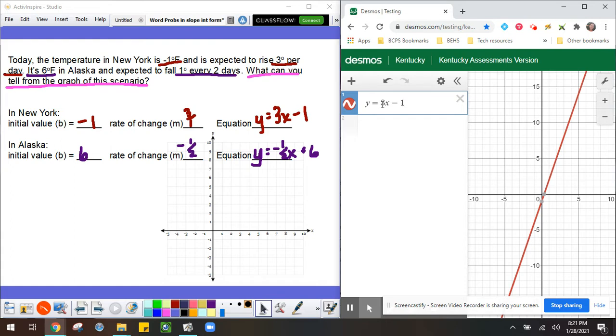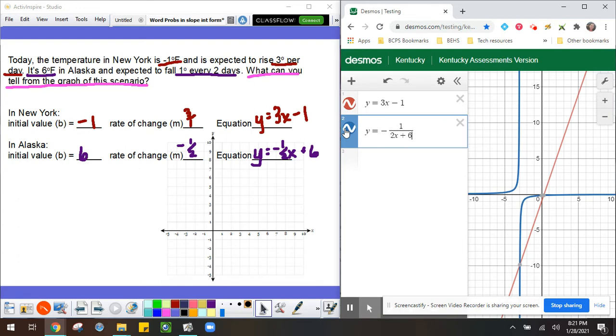It made the graph for me, just like it did when we were doing line of best fit. y equals -1/2 x plus 6. Whoops, that was weird. I do need to come up out of that fraction. x plus 6. There we go.